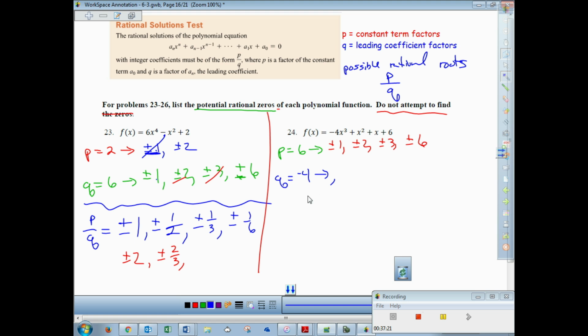So who cares that he's negative? It's the same concept, the plus or minus all the multiples of 4. Plus or minus 1, plus or minus 2, and plus or minus 4. And the more you have, the more repeat stuff ends up happening when you do your p over q, like a lot of stuff you'll have done already. But is everyone cool with all the multiples of p, all the multiples of q, right?